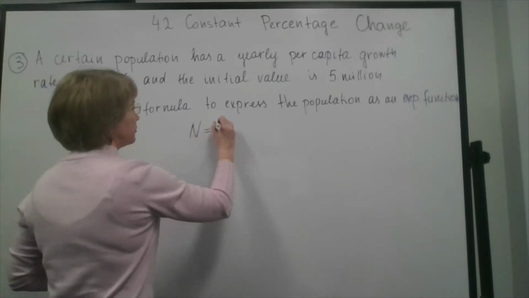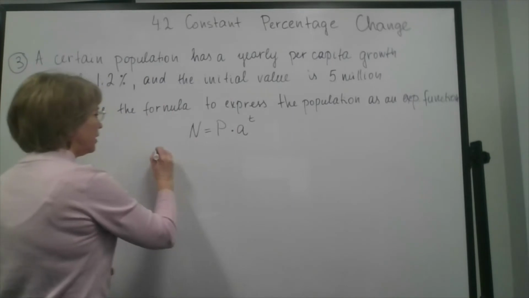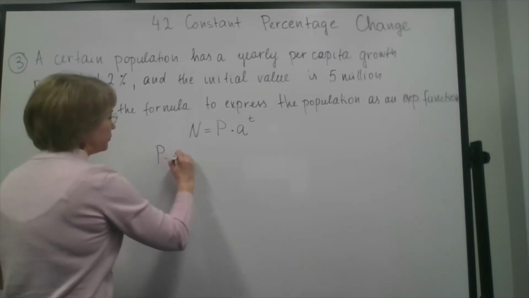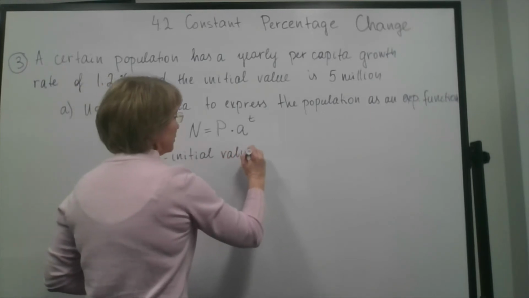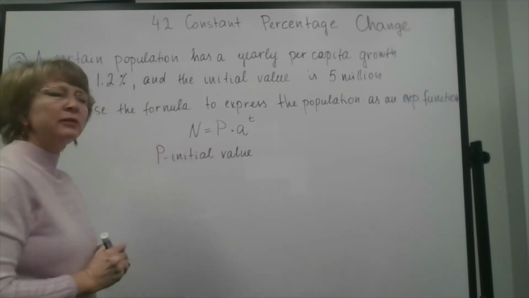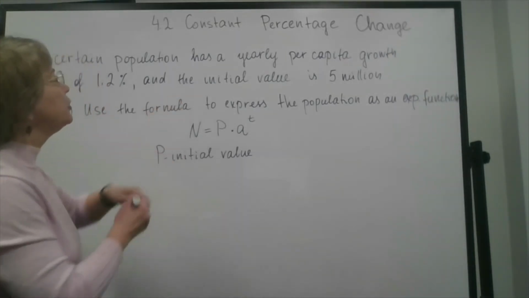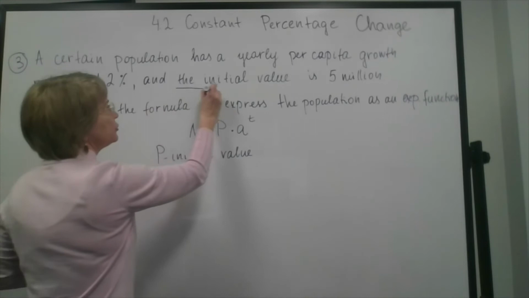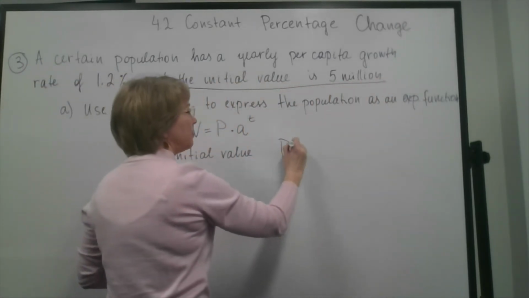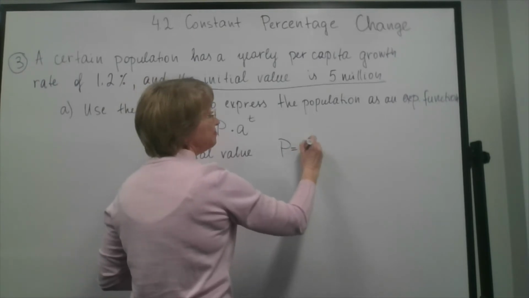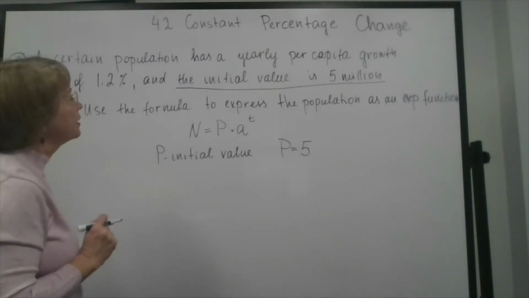N is equal to P times a to the t power. P is the initial value. Do we know the initial value in this problem? Read the problem again, and you see it right here. The initial value is 5 million. It means my P is equal to 5. It's given to us.